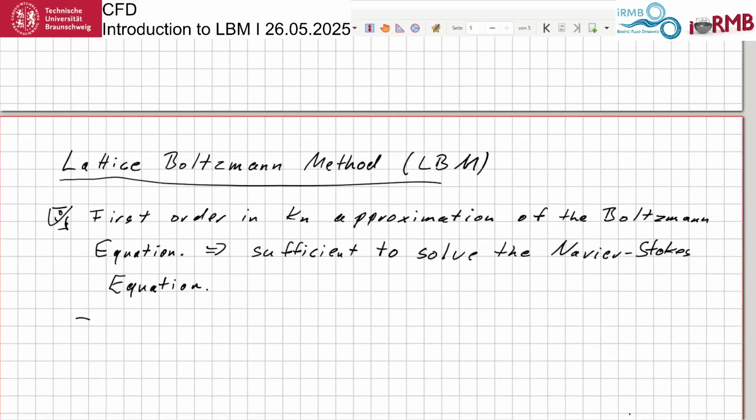By so doing, we have a drastic simplification of the state space.